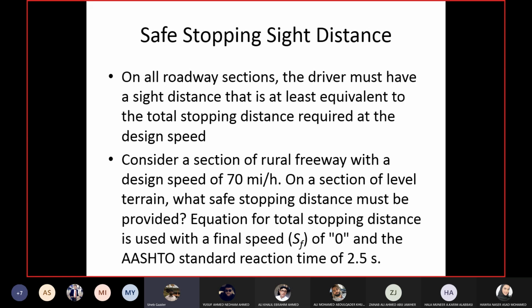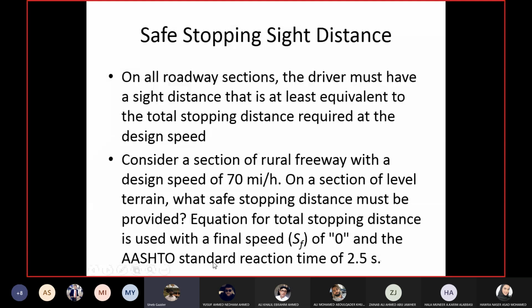So safe stopping sight distance is the visible distance to the driver on the road, the available visibility of the driver, and it is calculated using the equation of total stopping distance, using the design speed.